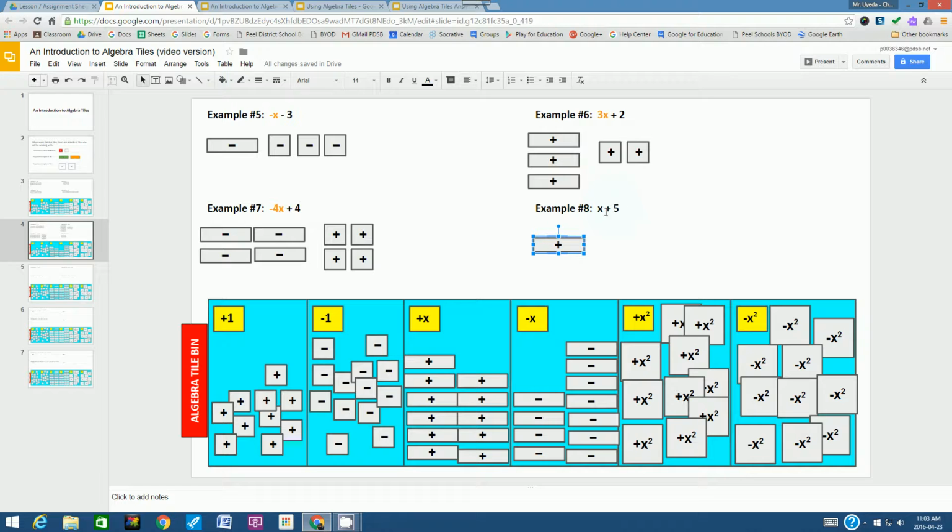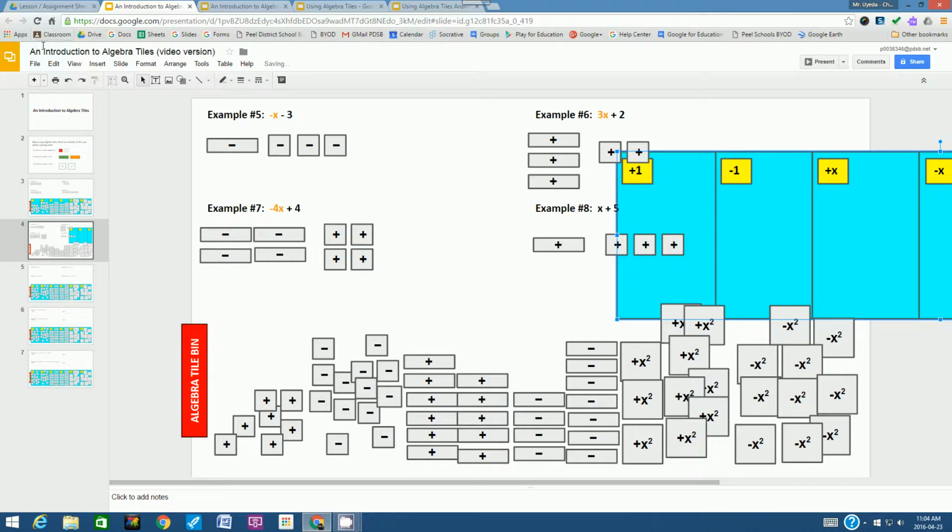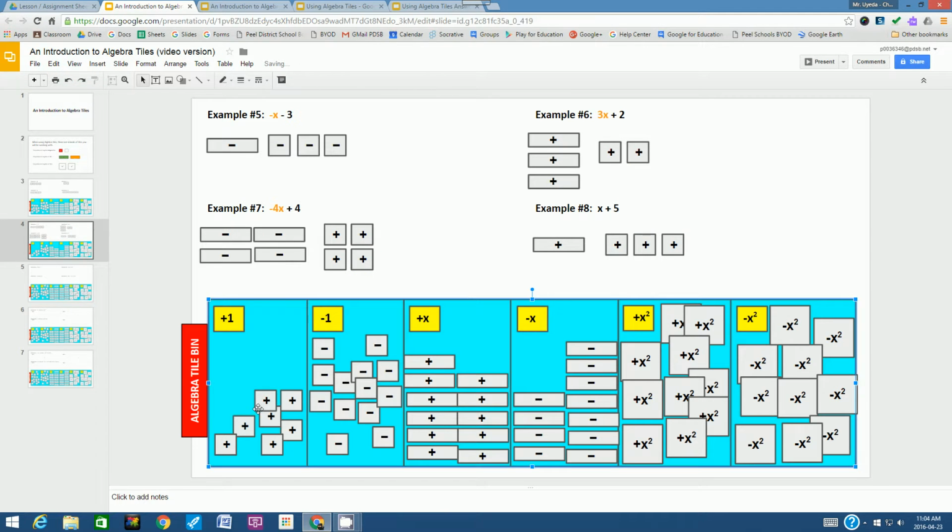And then we have 5 positive tiles. So I've got my 5 positive tiles grouped together.